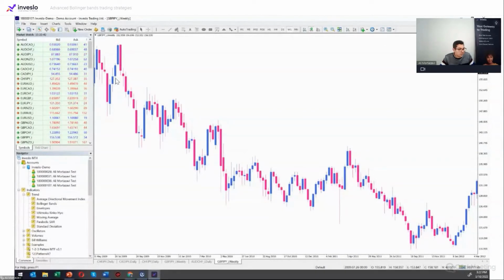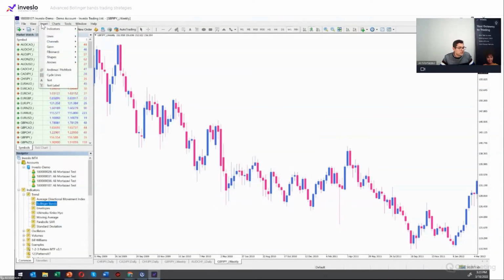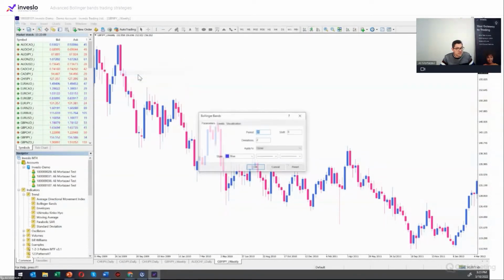Let's jump on MetaTrader 4 to see how we can put it on the chart. Here you see the Bollinger Bands under the trend indicators in the Navigator window. You can add the Bollinger Bands from here, or you can also use the Insert menu, Indicators, go through Trend and then find the Bollinger Bands.